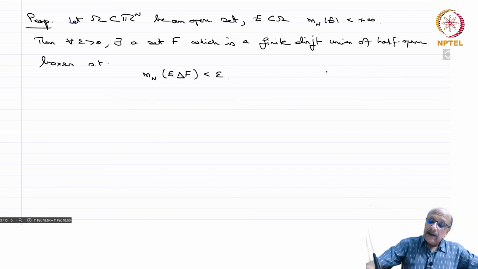They call E delta F is E minus F union F minus E.